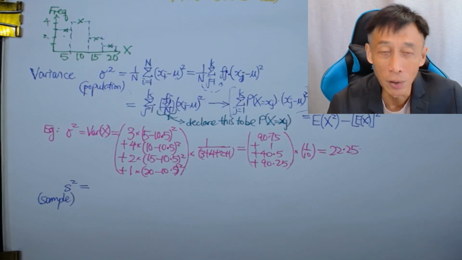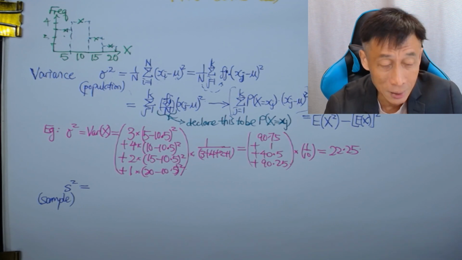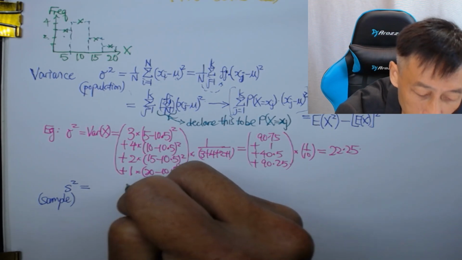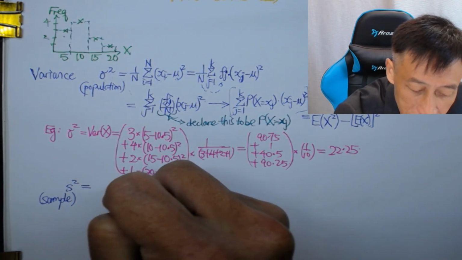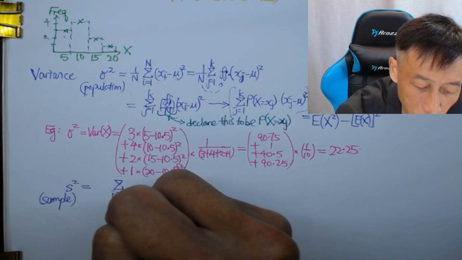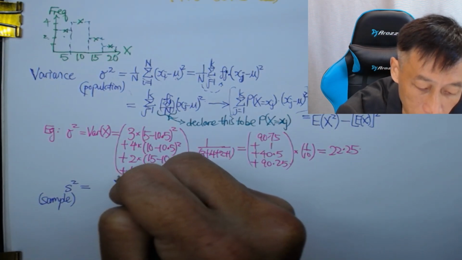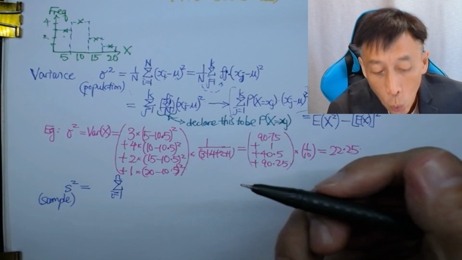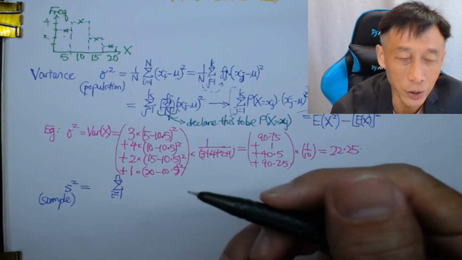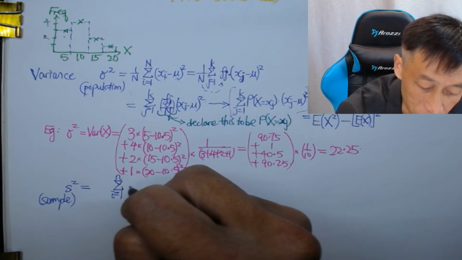First of all, sample size is small n, not capital N. Secondly, we also base our concept of sample variance on square differences, or rather some sort of average of the square differences.